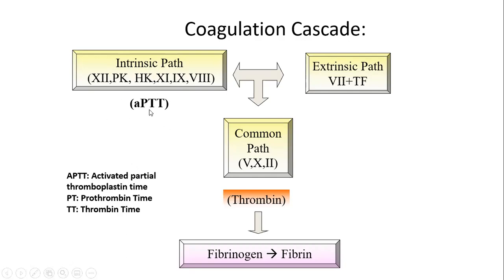Activated partial thromboplastin time signifies the intrinsic pathway. If activated partial thromboplastin time is increased, whatever the normal, what does it mean? Anyone? If it is increased, formation of the activated partial thromboplastin is taking more time. What does it mean?